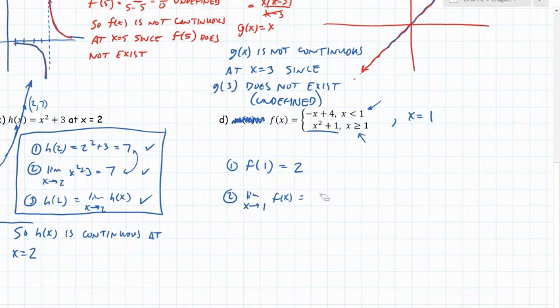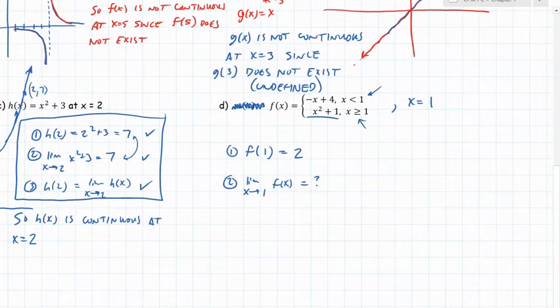So to see if this exists, we need to separate this into two different limits, a left side and a right side. So we'll look at the limit as x approaches 1 from the left. When we're to the left of 1, that's when x is less than 1, we're using negative x plus 4.